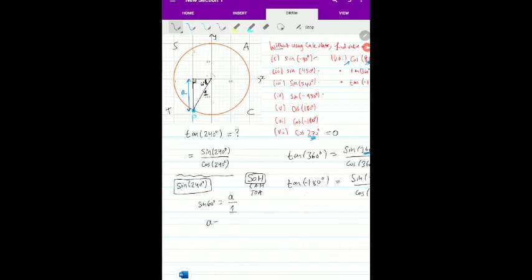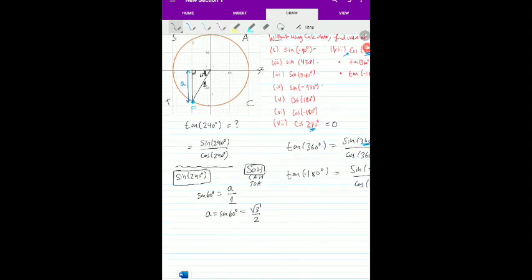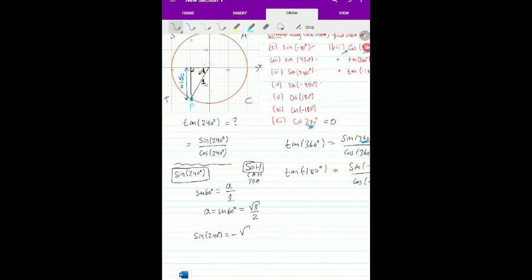And so a is equal to sine of 60 degrees, which is square root of 3 divided by 2. So we know right away that this distance is root 3 by 2. Are we done? No, we're not. We need to know the y-coordinate of P. And because, like I said before, the y-coordinate is negative, it's going to be negative square root of 3 divided by 2.